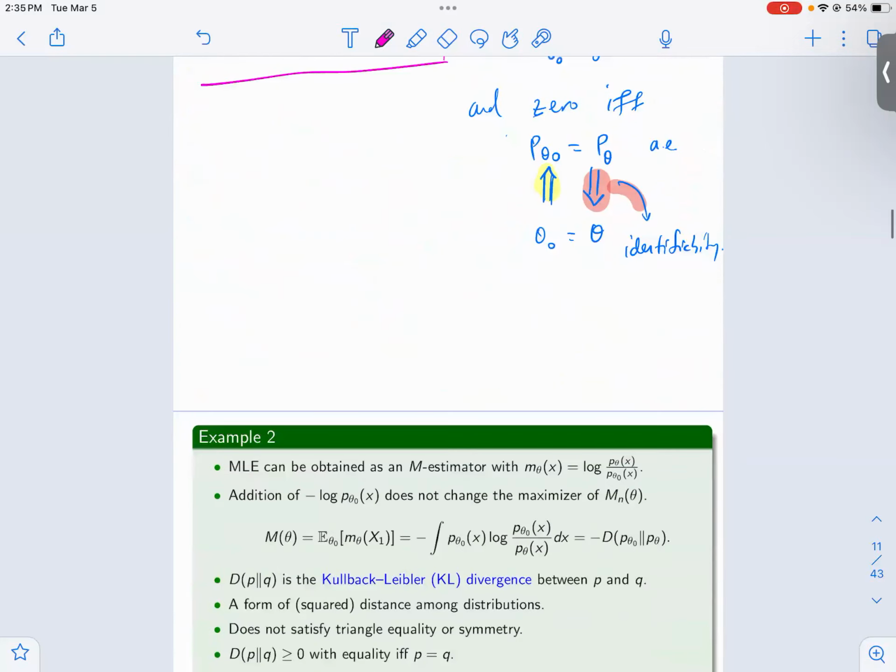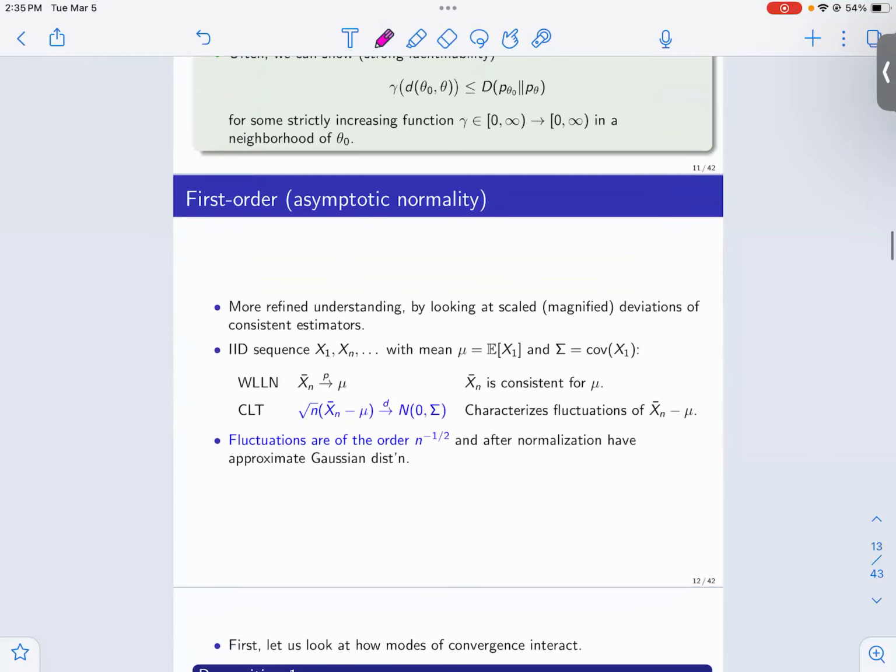Okay, so to quickly go over the other results to see where we can go with this. Once we have consistency, the next step is to control or quantify the error, how far away from the true parameter we are.